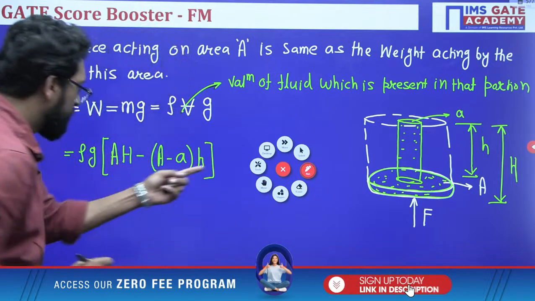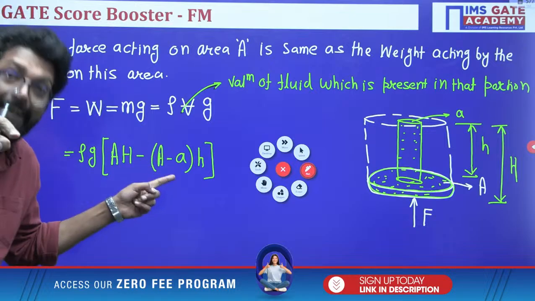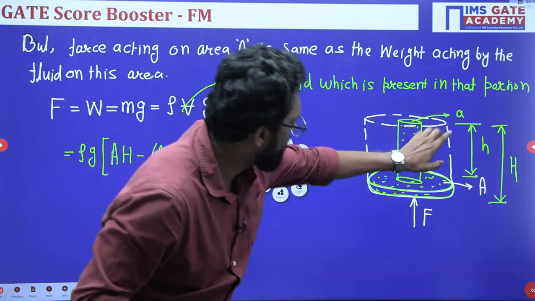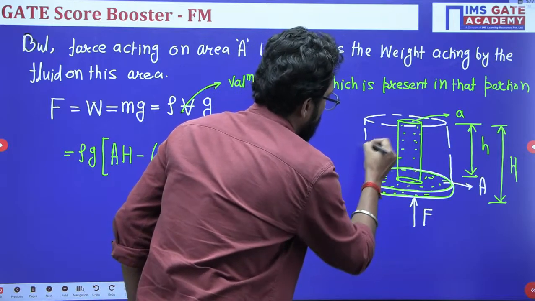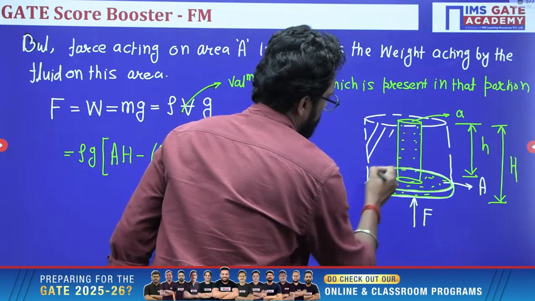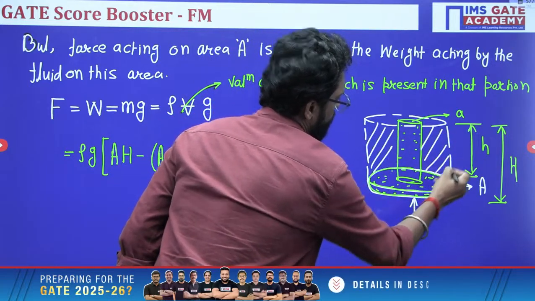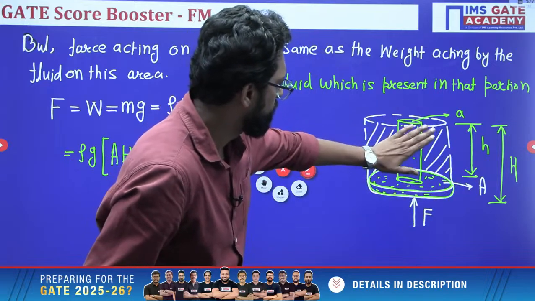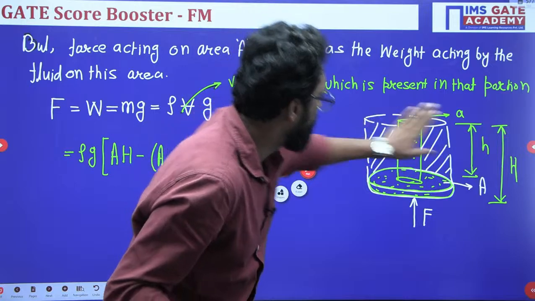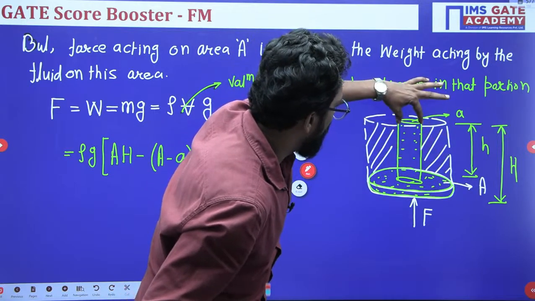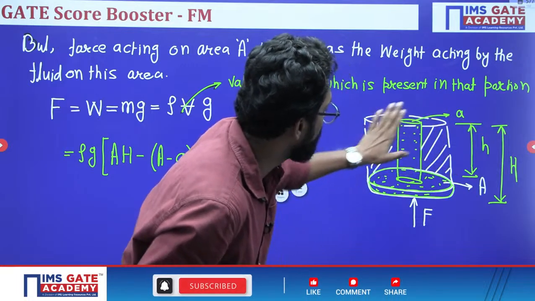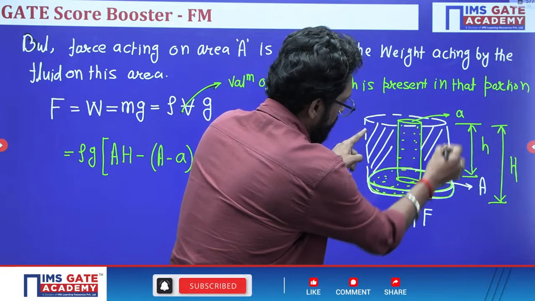So this portion is the volume of the fluid which is present. This is the total volume minus volume of this portion minus volume of this portion, my dear. So total volume is capital area into total height minus capital area minus small area into h. That is the volume of this left portion.